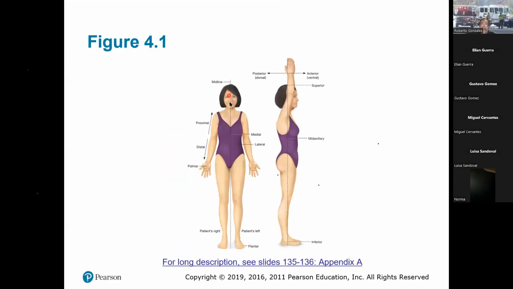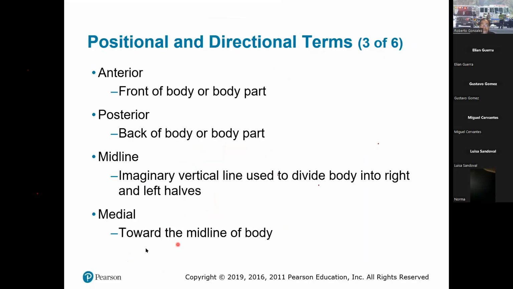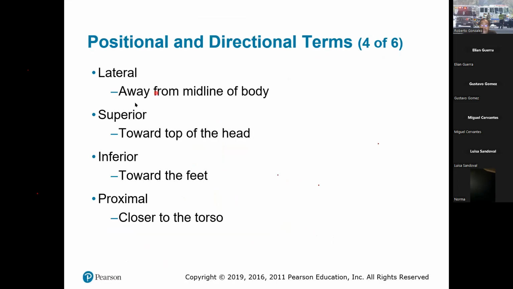You get to see this, they have a medial line right here towards the middle of the body, or the midline, while medial is towards the midline of the body. Okay, and whenever we're dealing with anatomical terms like this, and describing, like, a gunshot or whatever, it's very important. Okay, lateral is away from the midline of the body.